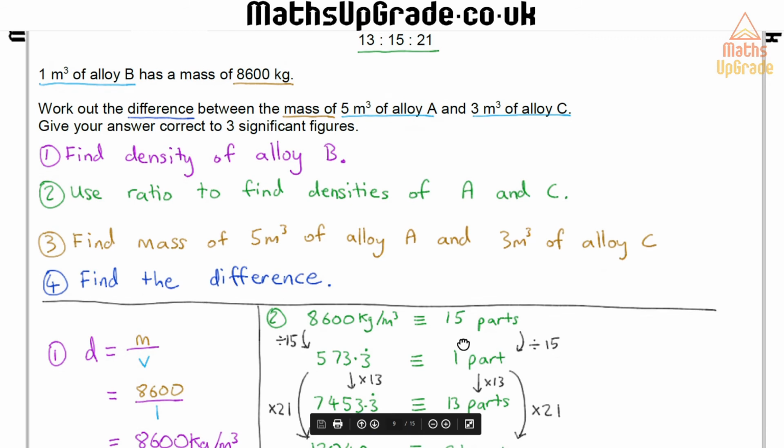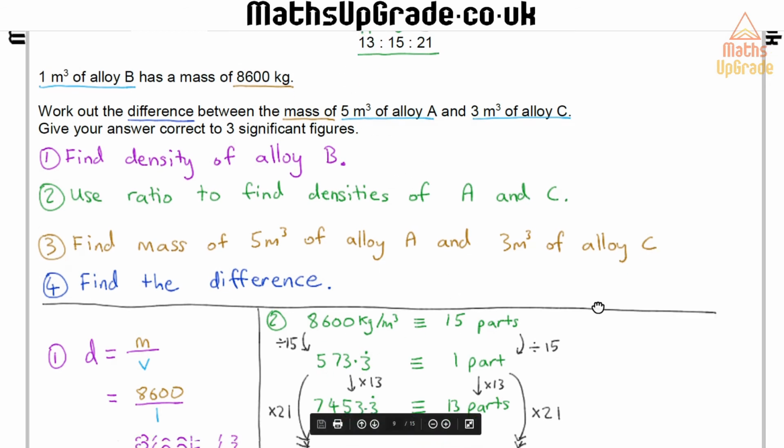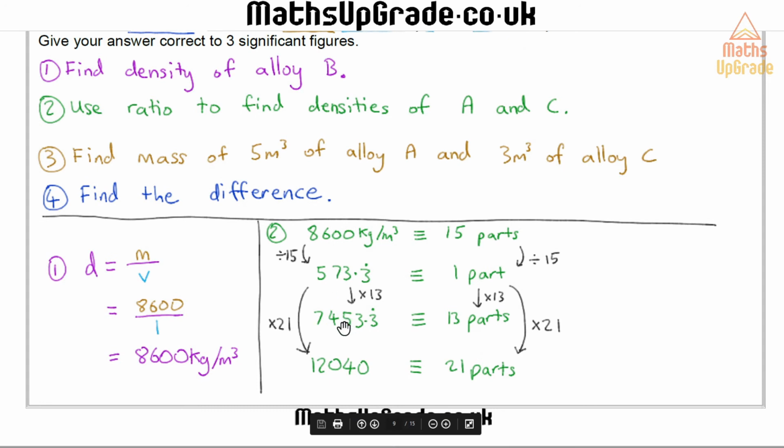Now to work out the density of alloy A, I'm going to multiply that by 13. So multiply that by 13 and I get 7,453. That's the density of alloy A. Similarly, if I multiply this by 21, that's the density of alloy C. So I've worked out there the densities of alloys A and C.